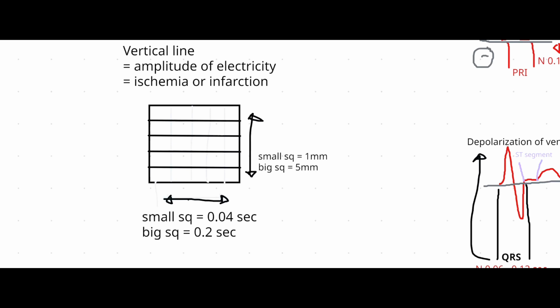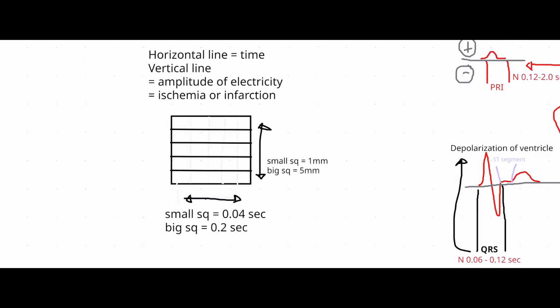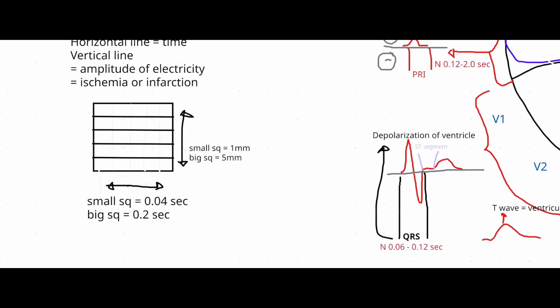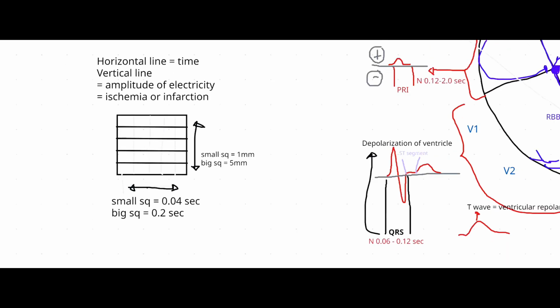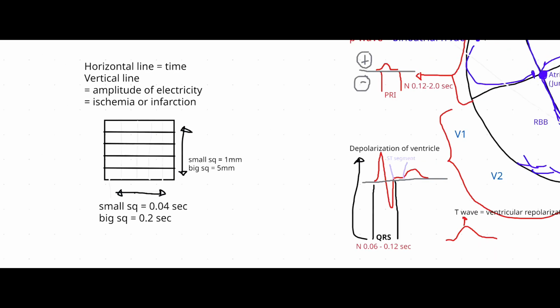So we use the small square in millimeters when we're talking about the ST elevation or ST depression. An ST elevation or ST depression of greater than 1 millimeter is what may be more significant. Some books will tell you 2 millimeters. If it's less than 1 millimeter of a depression or an elevation, yeah, maybe okay, maybe not.